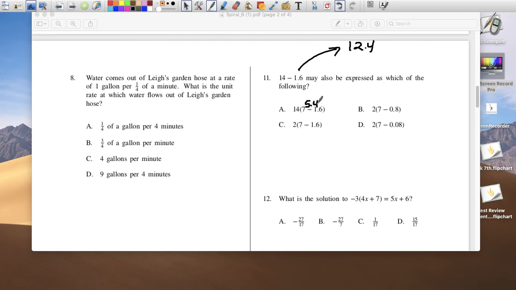If I multiply 5.4, and let's just multiply 5, forget the .4 for now, 5 times 14 is definitely bigger than 12.4. So this is definitely not the answer. B, if I subtract 7 minus 0.8, I'm going to have 6.2. And if I multiply 6.2 times 2, and you can do this in your calculator, you'll see that this equals 12.4. So right away, I know it's B.